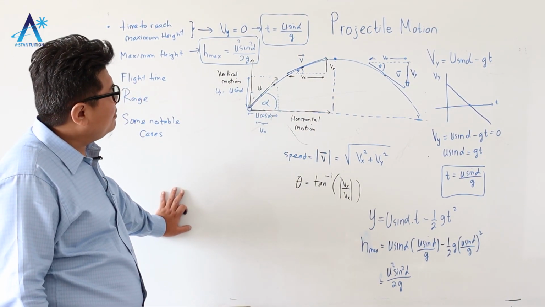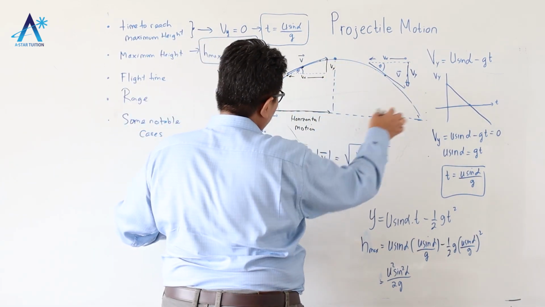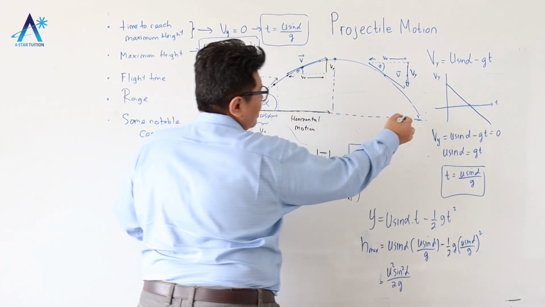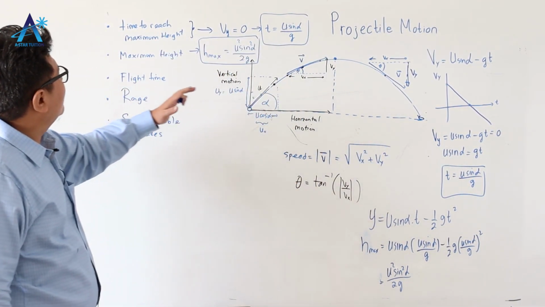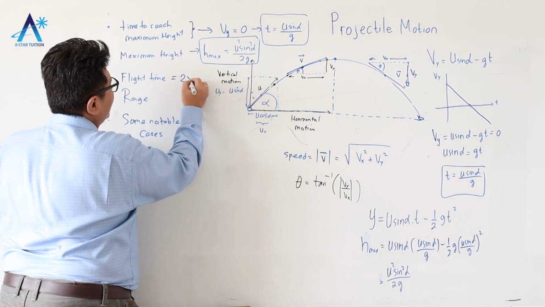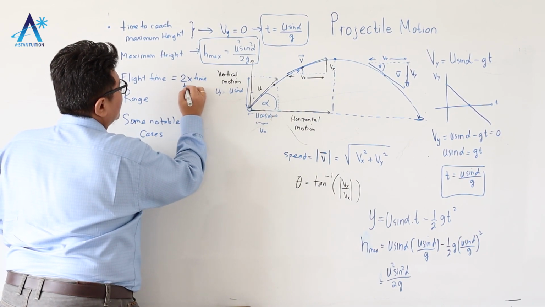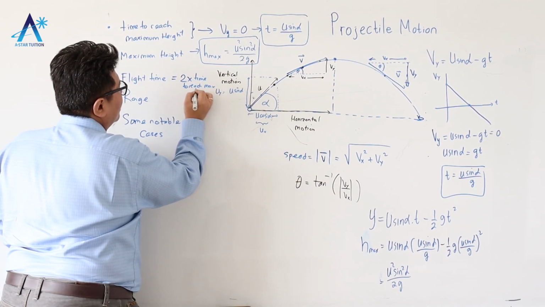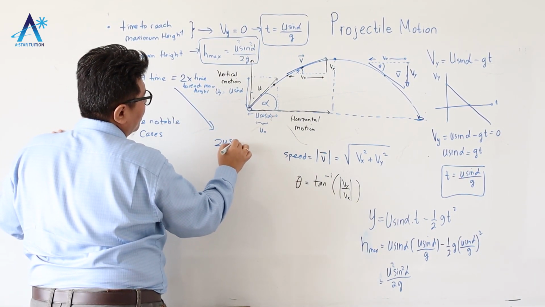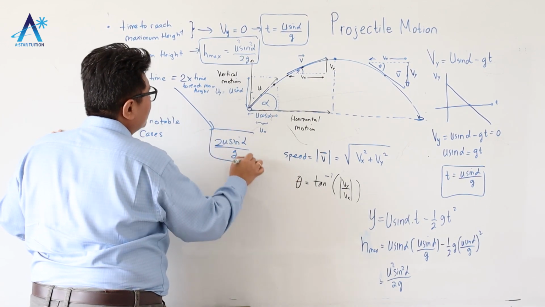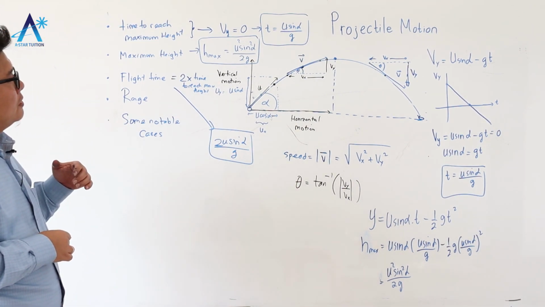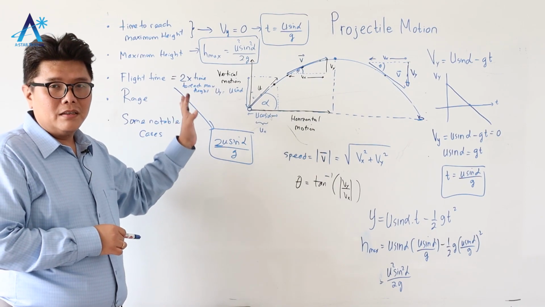So then the time to reach the initial vertical position again, or maybe the ground, here, would be twice as much as the time to reach maximum height. So in this case, flight time is twice the time to reach maximum height, which is equal to 2u sine alpha over g. Again, I highlight this formula not for you to memorize it, but rather for you to understand the derivation.